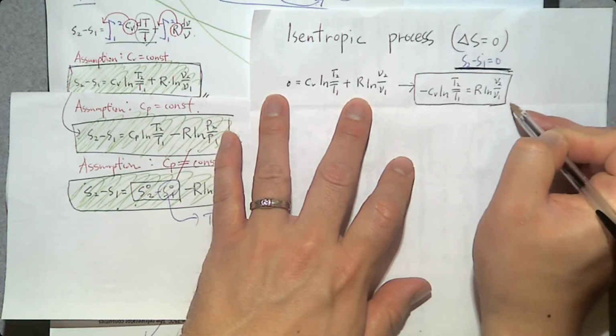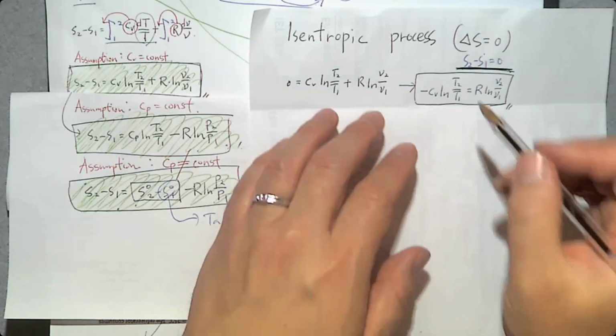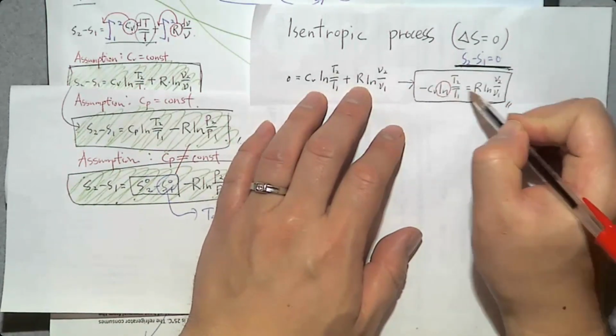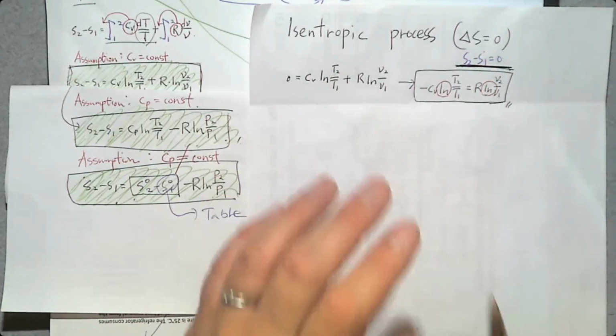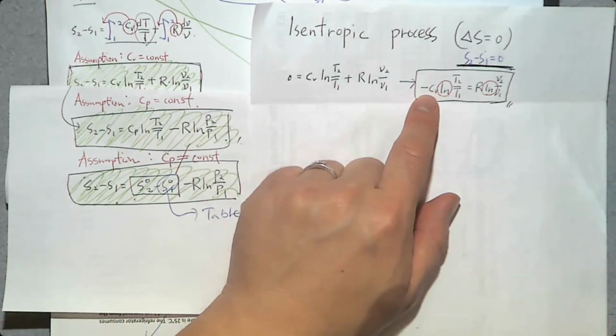In this equation, do you want to use this equation as is? For me, no. Why is that? Because I don't like one thing. This natural log. Can we get rid of them? Yes, we can. But how? Let's see. I want to clear the front of this natural log. So we have a minus Cv.